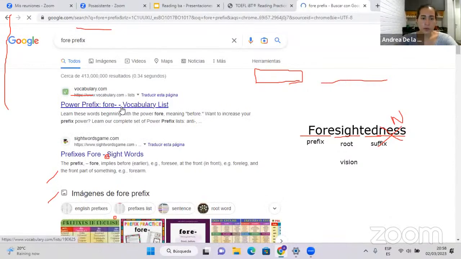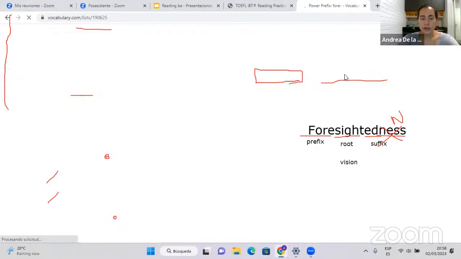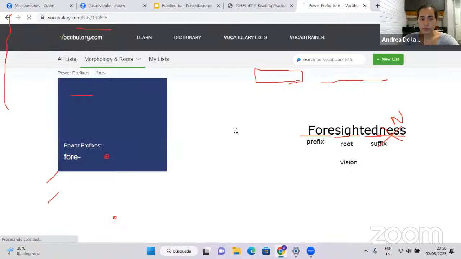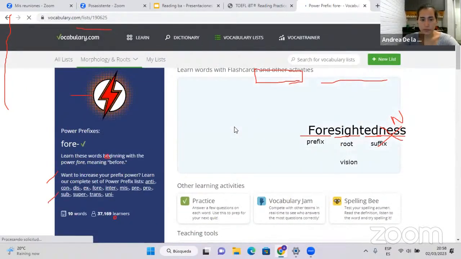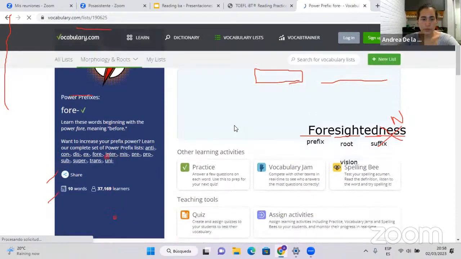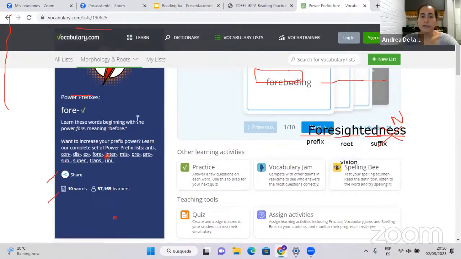So if we look it up, you know, forecast, the weather forecast, do you guys know what it is? The weather forecast is a prediction of the weather, right? So for basically is a prefix that has to do with before, okay?